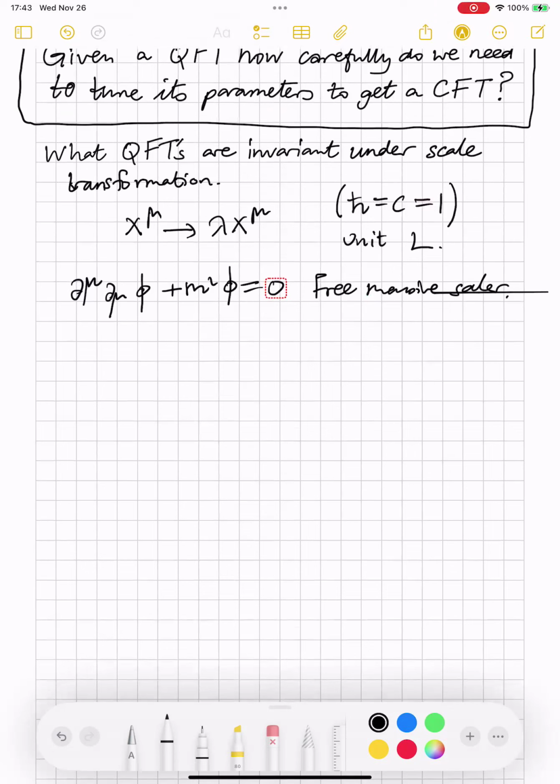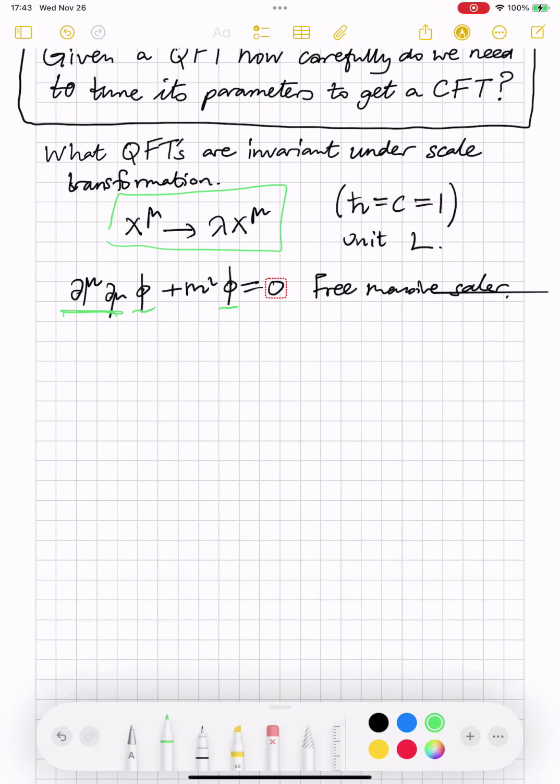Well, the first thing that you notice is under this scale transformation, we know that these derivatives ∂_μ will transform. φ might transform, so we might have to say how it's going to transform, but those two terms will transform in exactly the same way because φ will be transforming.